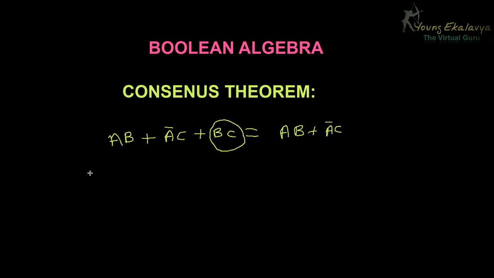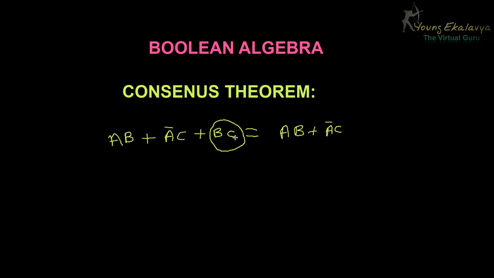Now, in the simplification of a Boolean expression of this form, that is, here a variable and a complement of the same variable and two other variables. Okay, a variable, the complement of the same variable and two other variables. And we need to see that these two other variables must also be present here.